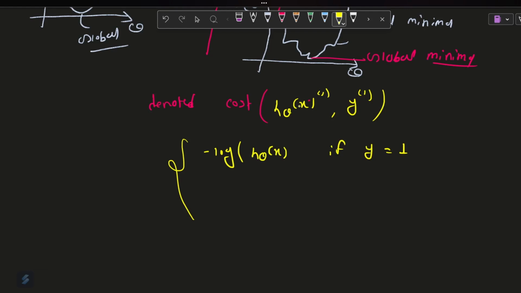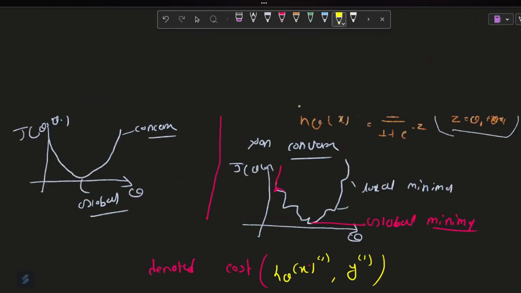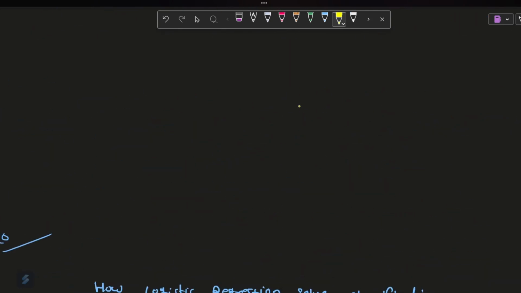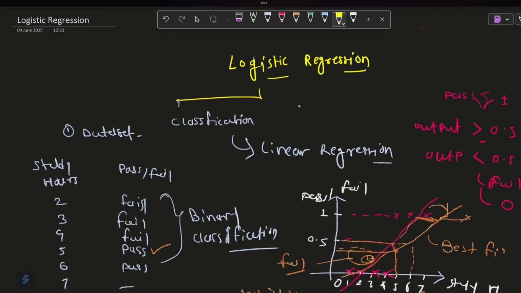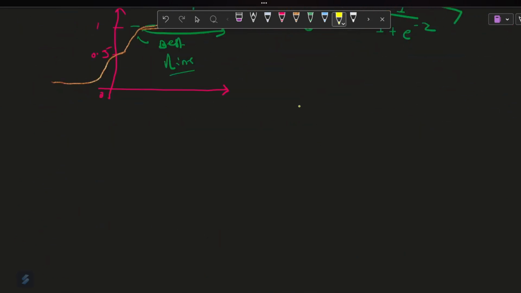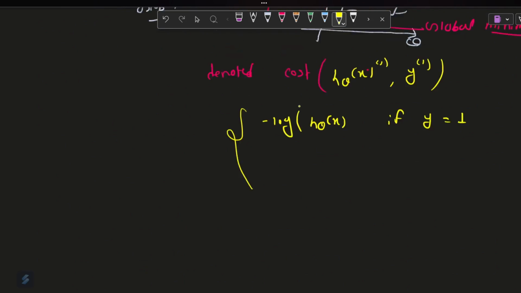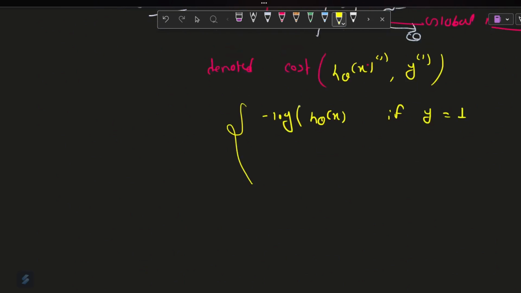This is the true point, or according to that data set you will see there is a path. And what happens if y is equal to 0? Then your equation will look like minus log of 1 minus h theta of x.